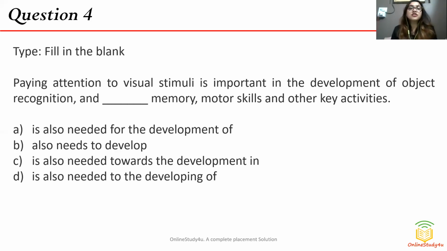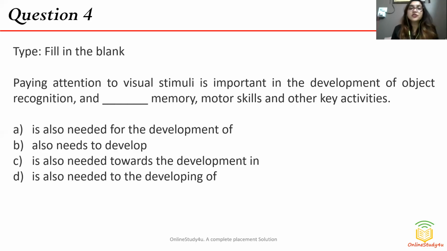So, paying attention to visual stimuli is important in the development of object recognition and is also needed for the development of memory, motor skills, and other key activities. Paying attention to visual stimuli is important in the development of object recognition and also needs to develop memory, motor skills, and other key activities.